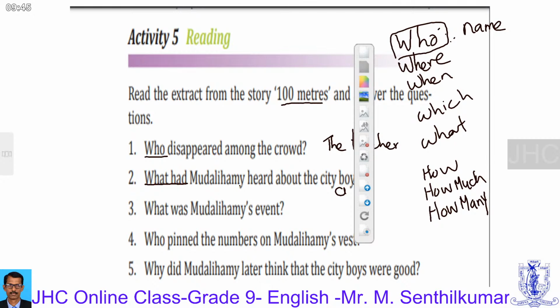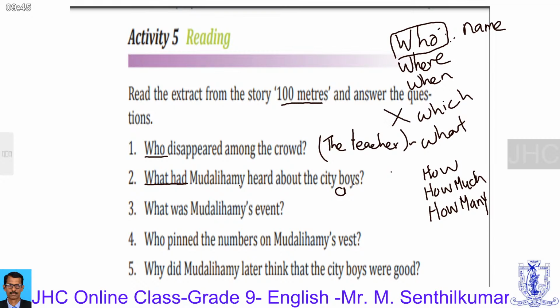A bit arrogant. If you write the answer, you need not write the full sentence. The teacher disappeared among the crowd. Doesn't matter. Only the phrase. You can write sometimes a word or phrase. But if you make any spelling mistake in the exam, the answer is wrong. You understand that?